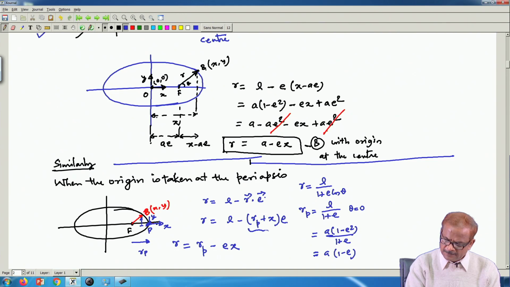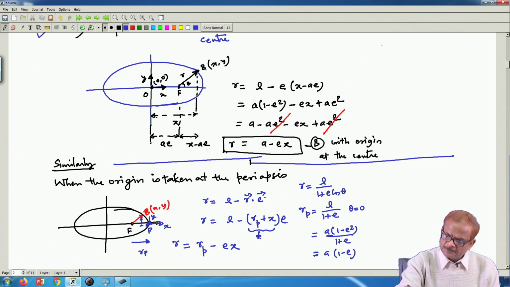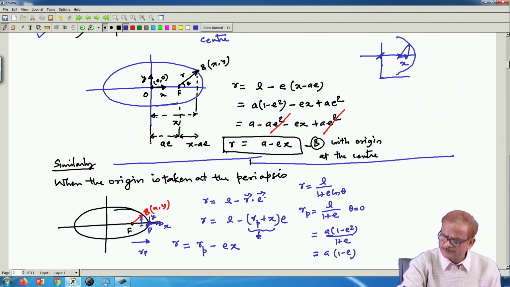So, what we have done is, because we are shifting the origin, initially we had this as the distance x, but later on once we shifted to this place, we are measuring x from this place.